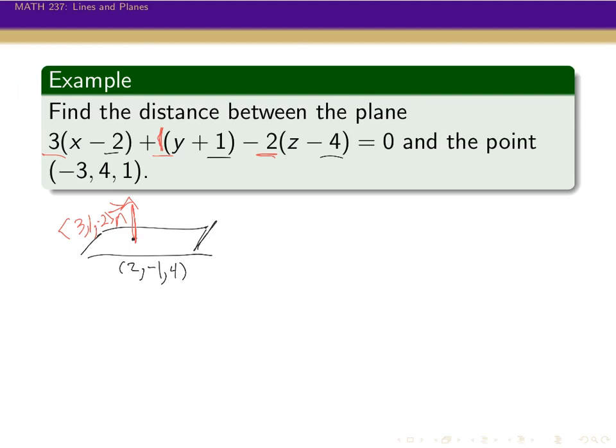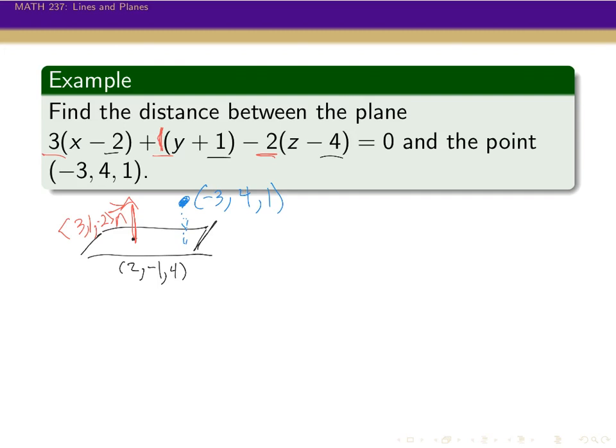And so then the question is, if I have some other point, this is not to scale in any way, I'm just drawing this. This is not in proper orientation. But we just have some point off the plane. Can we figure out how far away this point is from the plane?